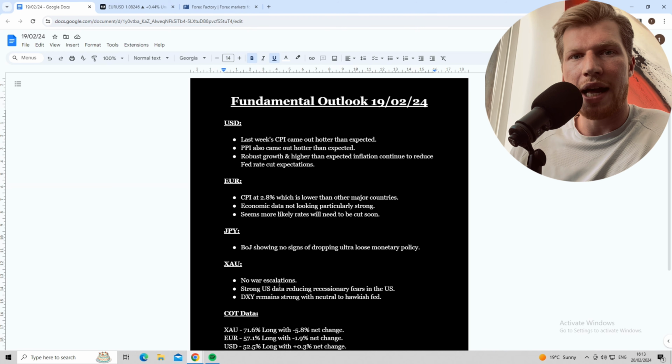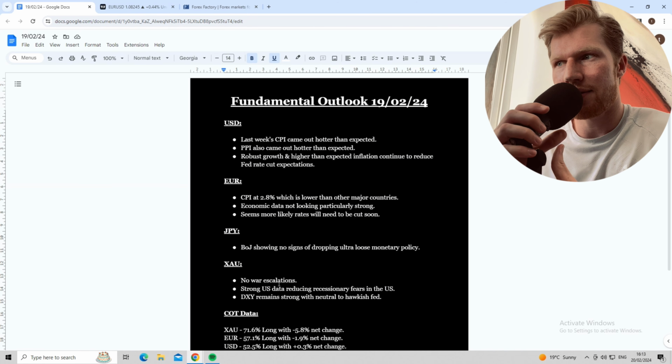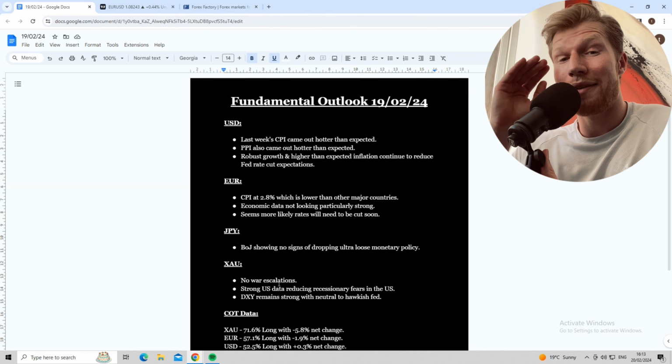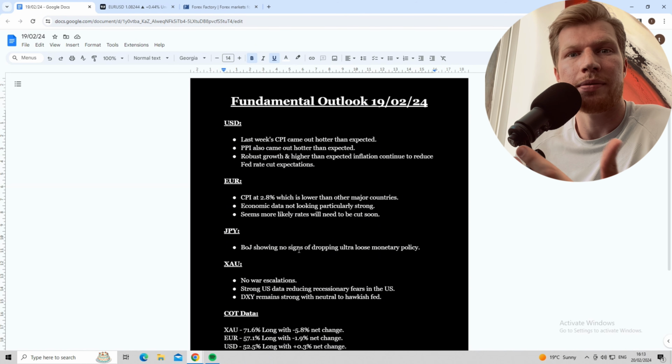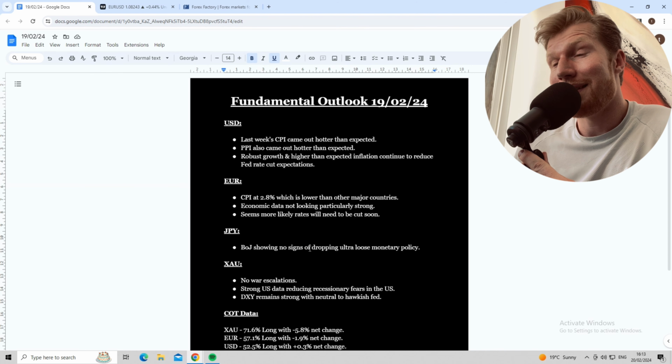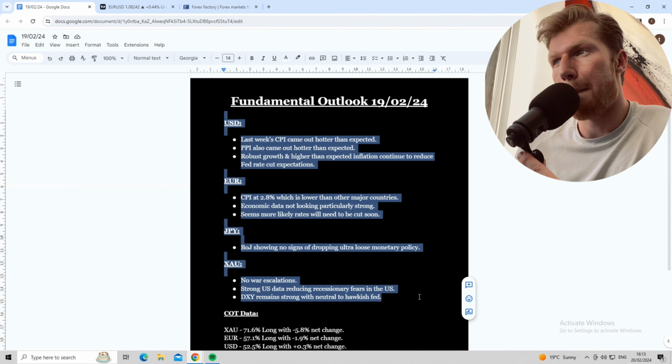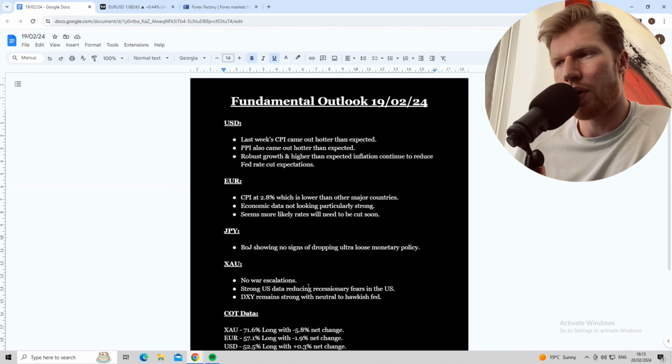I do a lot of analysis across a load of different assets. But today I'm going to focus on what I'm really looking at this week, because the fundamentals are showing me that these are the most interesting currencies and assets to trade.